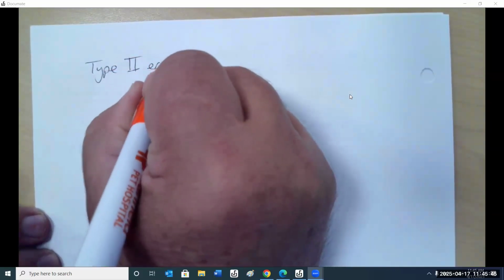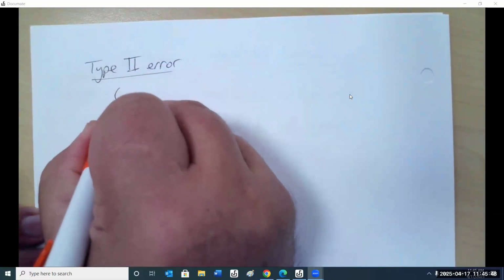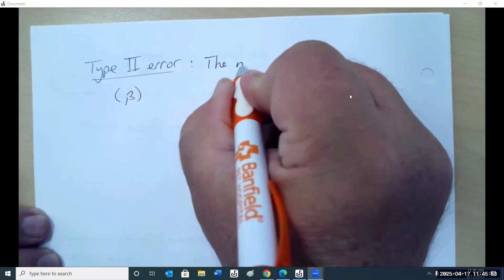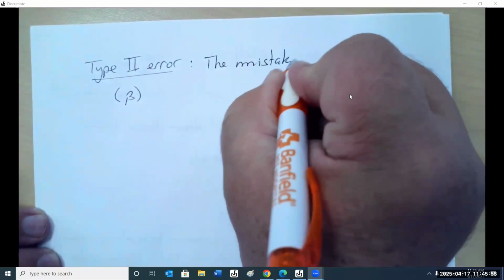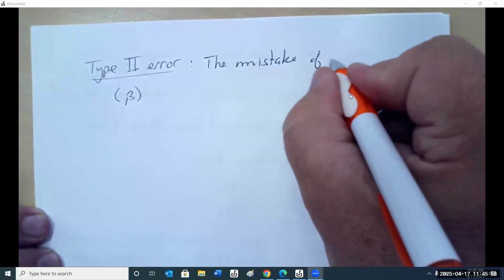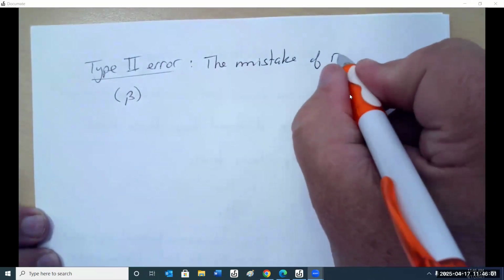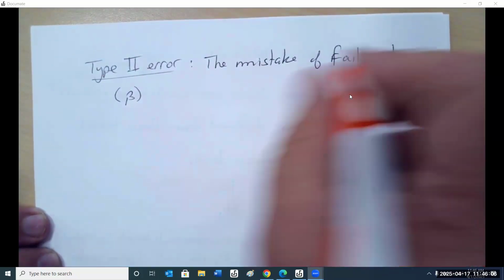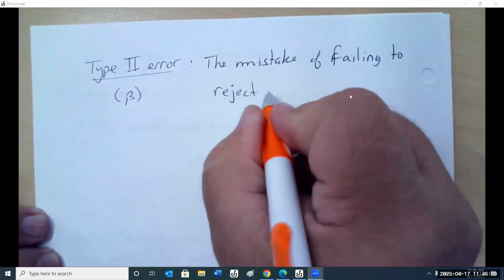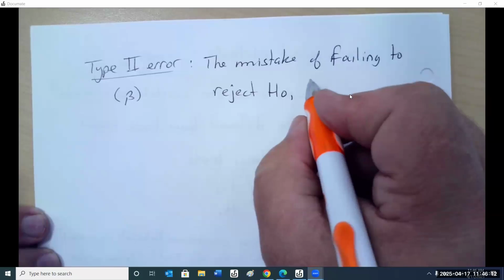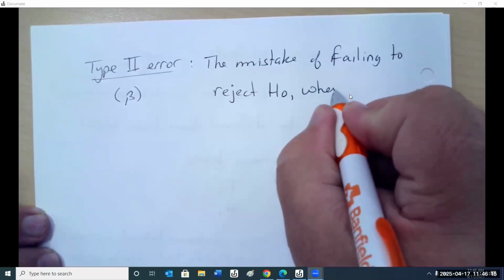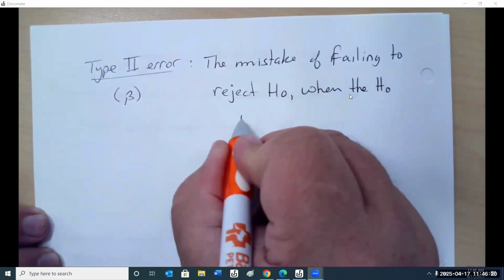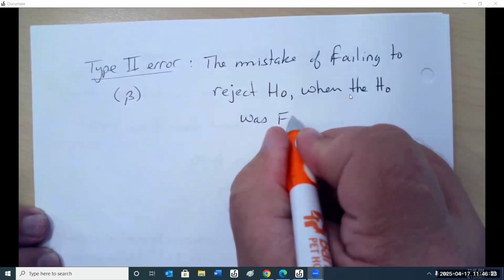The type 2 error, which is referred to as a beta error, the mistake of failing to reject the null hypothesis when the null hypothesis was false.